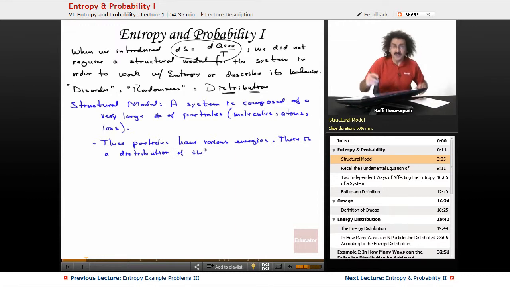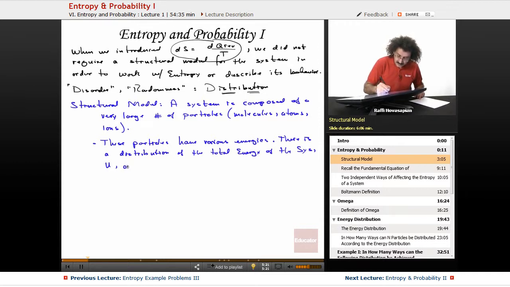So there is a distribution of the total energy of the system, which is U, first law, over the various particles. That's it.